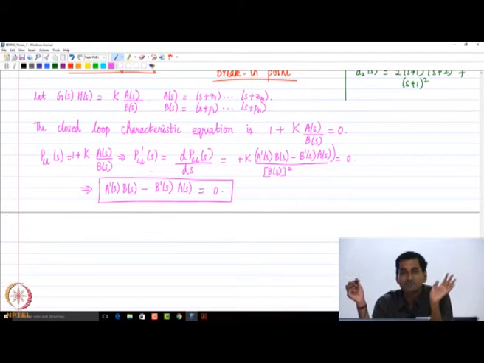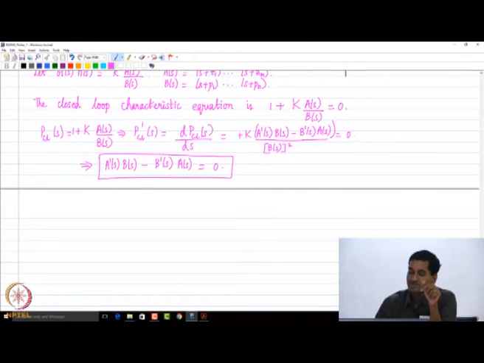So what is the only possibility? The term within the parenthesis being 0. So what we do is that we solve this equation. The roots of this equation are potential breakaway break-in points.